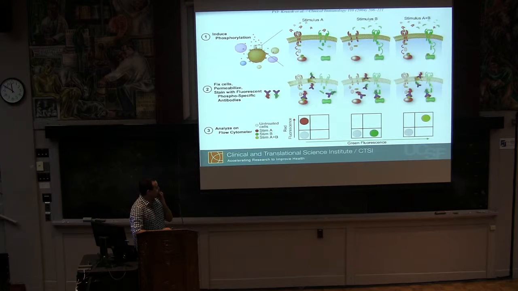So here is a beautiful picture I found in a review article on phosphoflow. The basic experimental protocol is you take your cells and then you give them a stimulus, A or B, or A plus B. This could be a drug treatment, or something to cause more phosphorylation, or less, it could be anything.